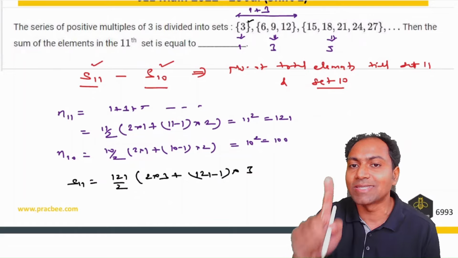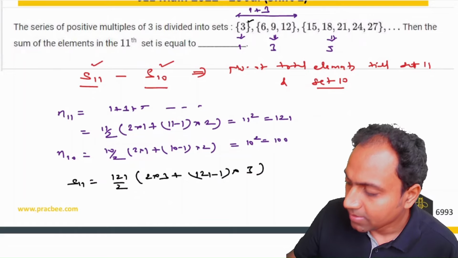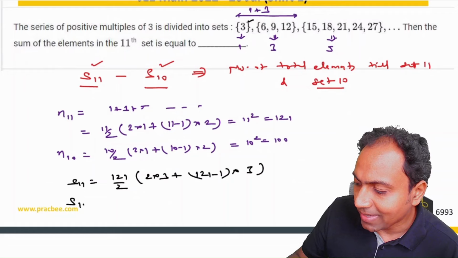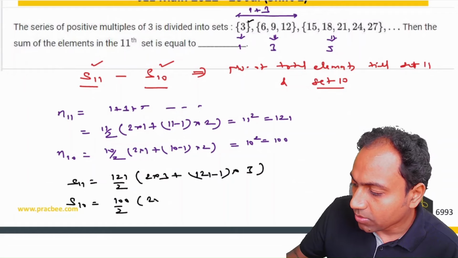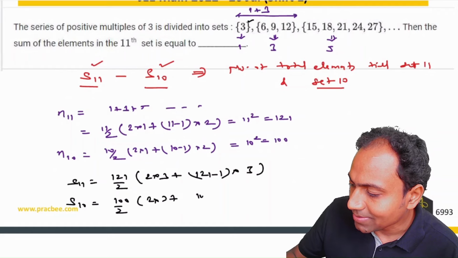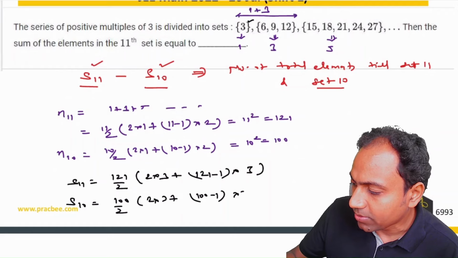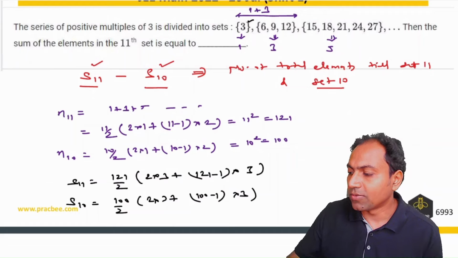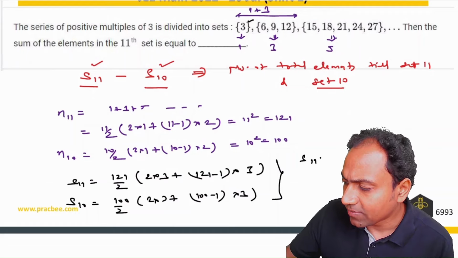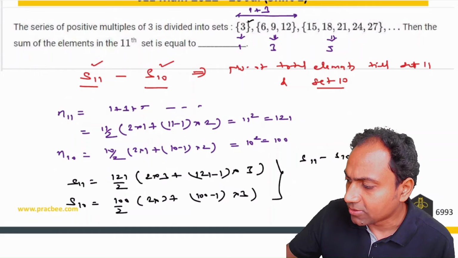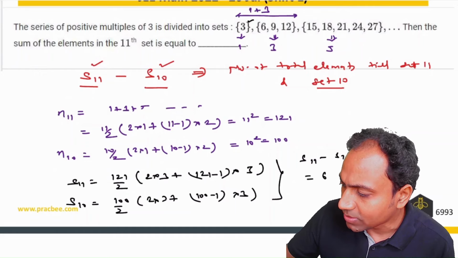So the common difference is 3 here. Similarly, we can find S10 by writing 100 by 2 into twice of A plus (100 minus 1) into 3. Once you have done this calculation, you can take S11, subtract S10 from it, and the answer comes out to be 699.